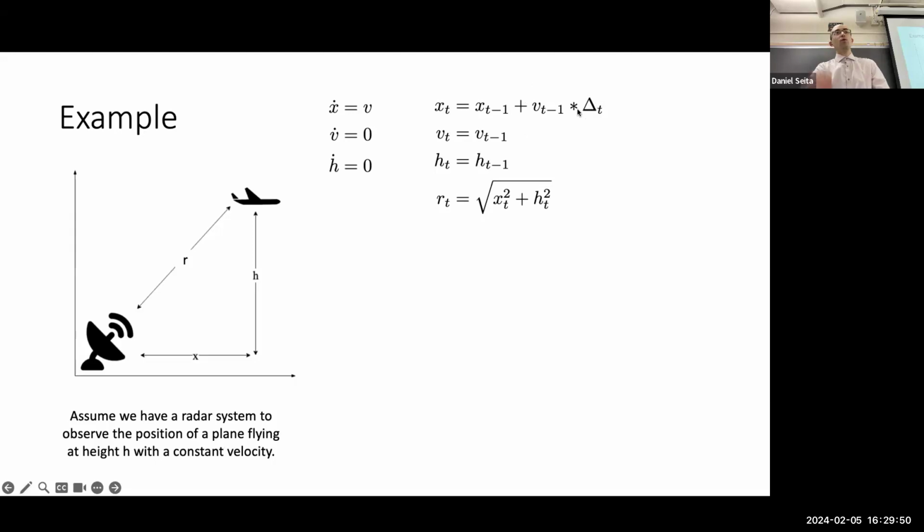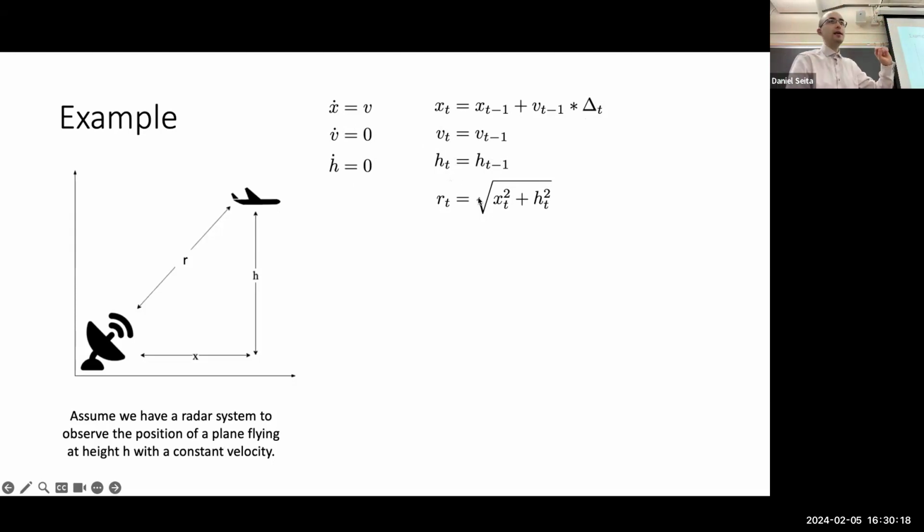If the change in the time is very big, then you get more distance. And of course, if the velocity is very big, then you also get a bigger change in the position. Because we have constant velocity and constant height, the math reduces to this.